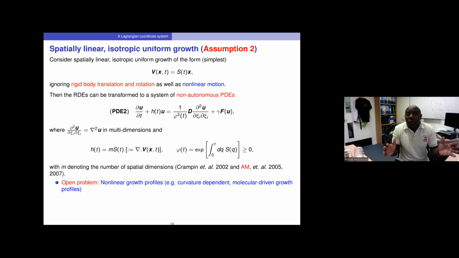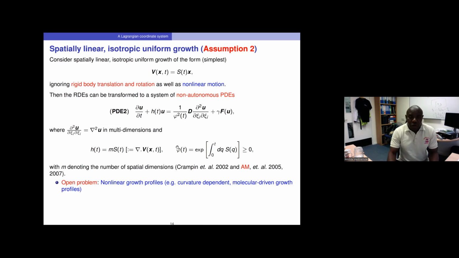I've assumed uniform isotropic. I'll give you examples of what these functions are for linear, for example, exponential growth, and for logistic growth. So I can compute this explicitly. Q of t is related also to the domain, and I can define it in this manner. So that is related to the rate of domain growth really. You can see S of t is here and S of q are integrating really.